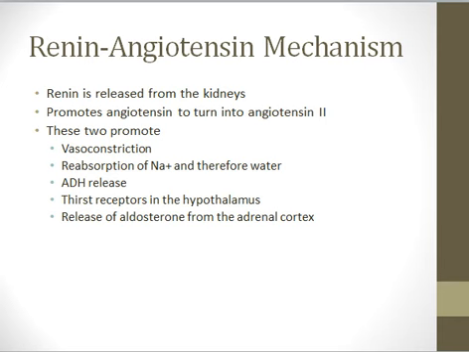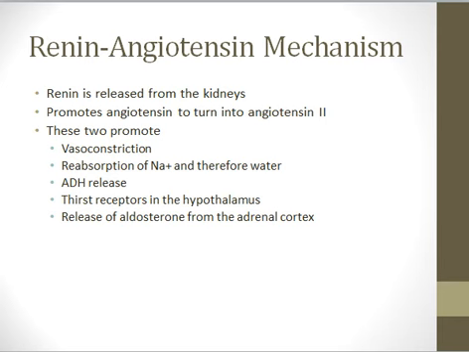Okay, it'll cause vasoconstriction, which causes a systemic rise in blood pressure, and reabsorbs sodium as well as water. It'll stimulate the release of antidiuretic hormone, which will reabsorb water into the system. That'll increase the amount of pressure or fluid in the cardiovascular circuit.